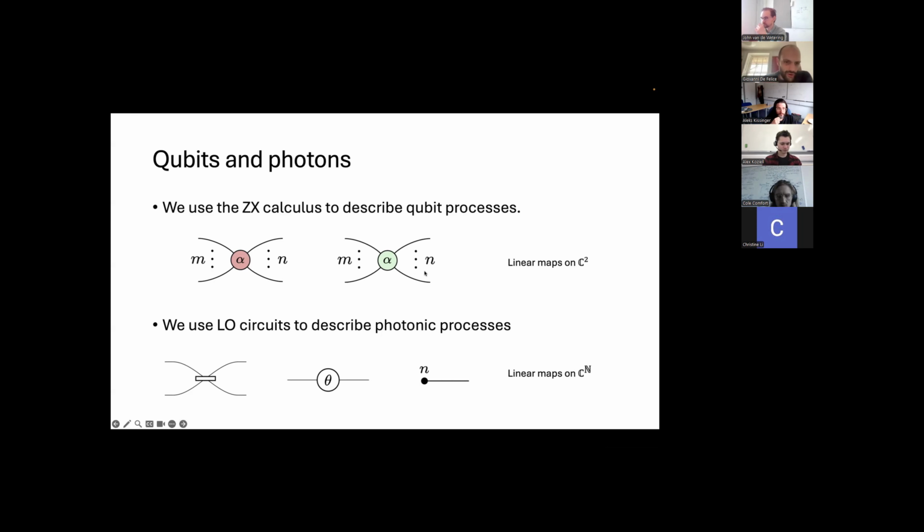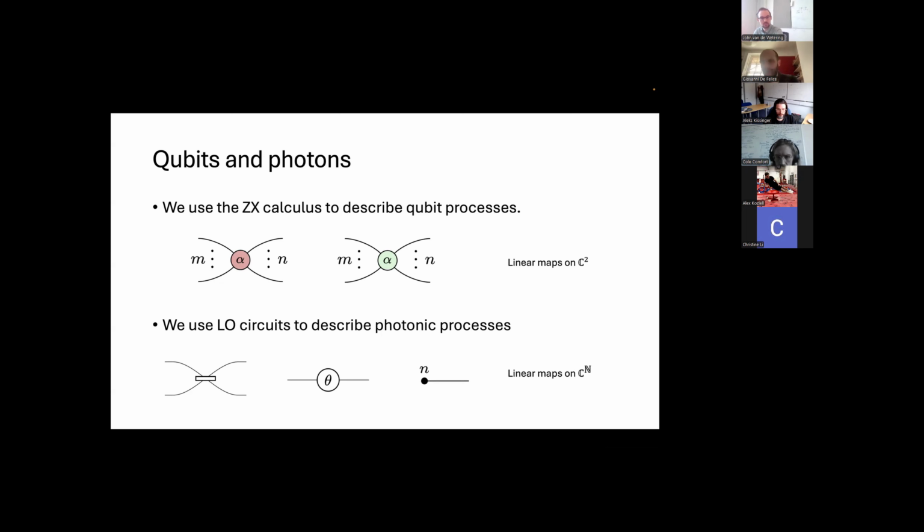It's generated by two spiders, the red and the green spider. These have rewrite rules, and so we can reason about different compositions of these diagrams. And these diagrams have an interpretation as linear maps on tensor products of the space C2, which is the space of one qubit. So this is a well-understood language for qubits.